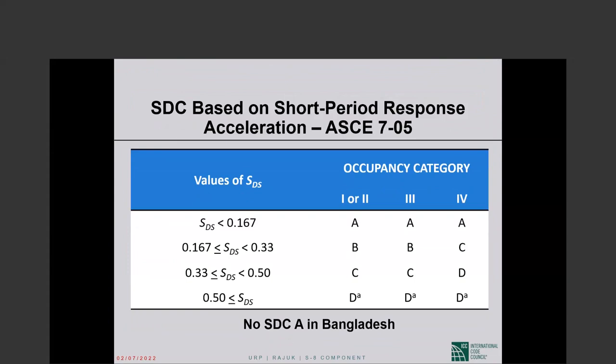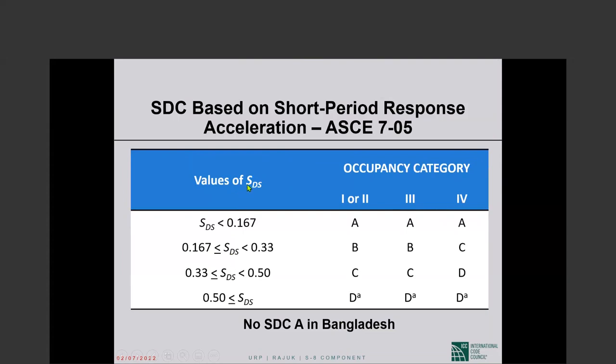The seismic design category must be determined first based on short period ground motion S sub DS by this table that is part of ASCE 7. Okay, so we have the occupancy category here and S sub DS here.